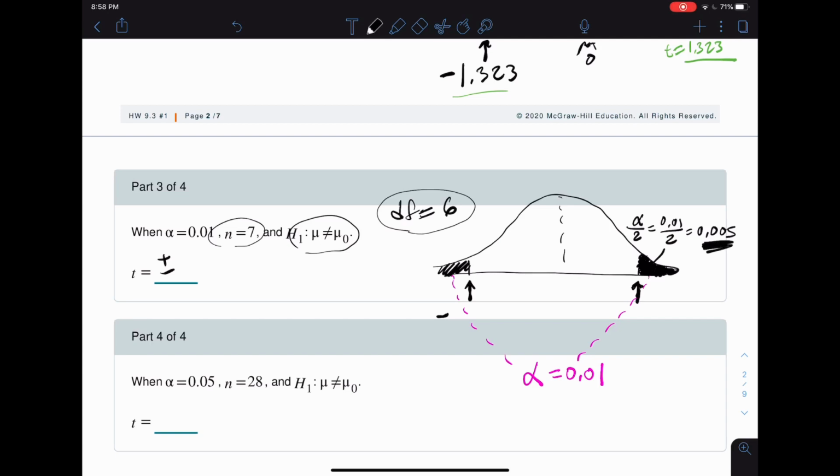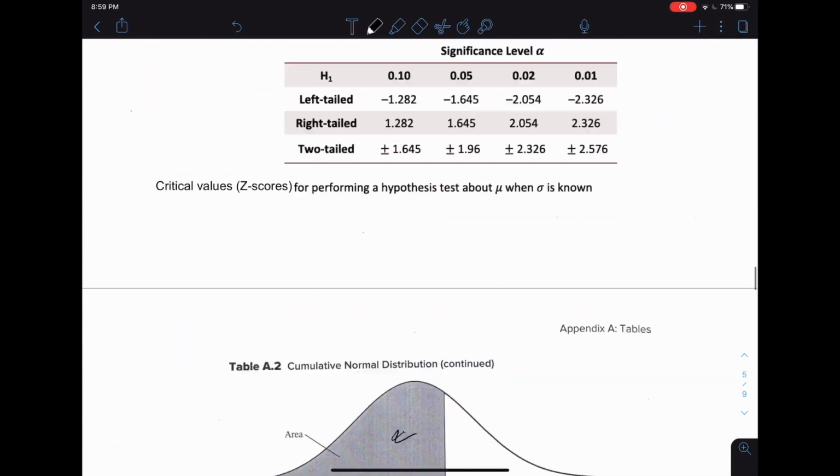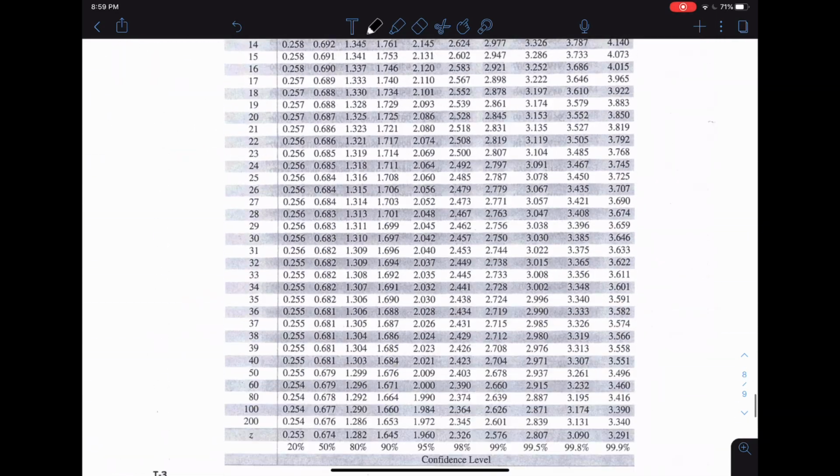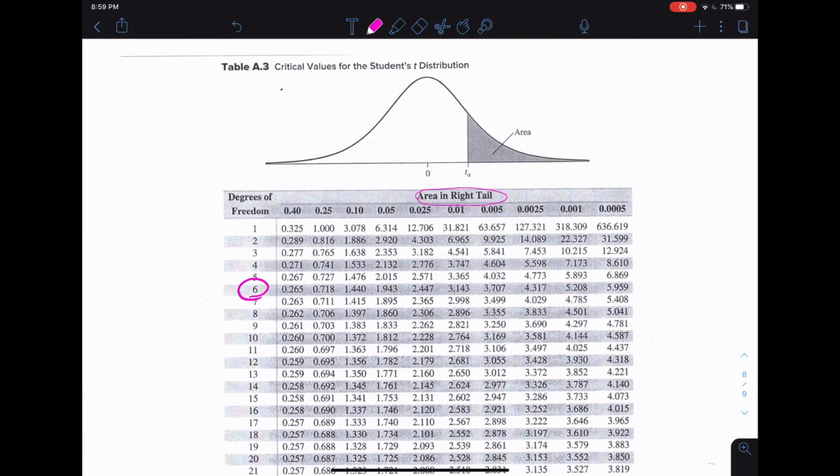Okay, so I take a look at degrees of freedom 6, and looking up the area in the right tail, 0.005. There's 0.005. Where do these come together? Right there.